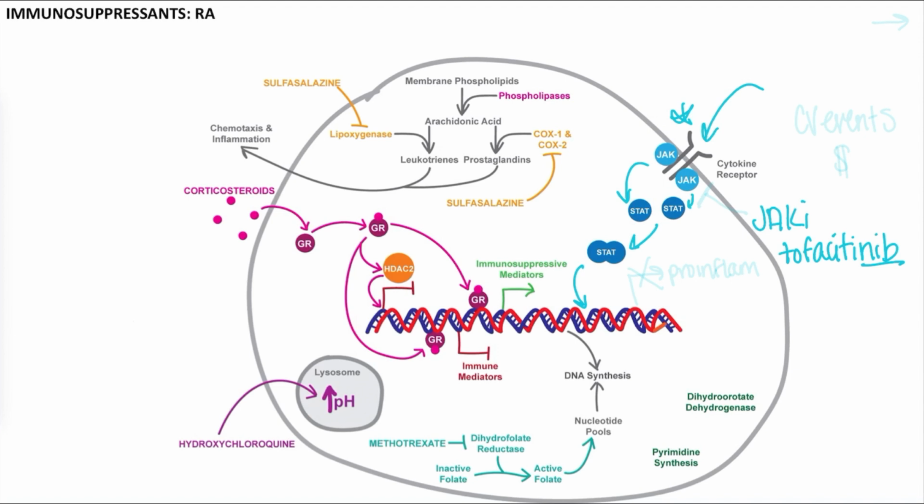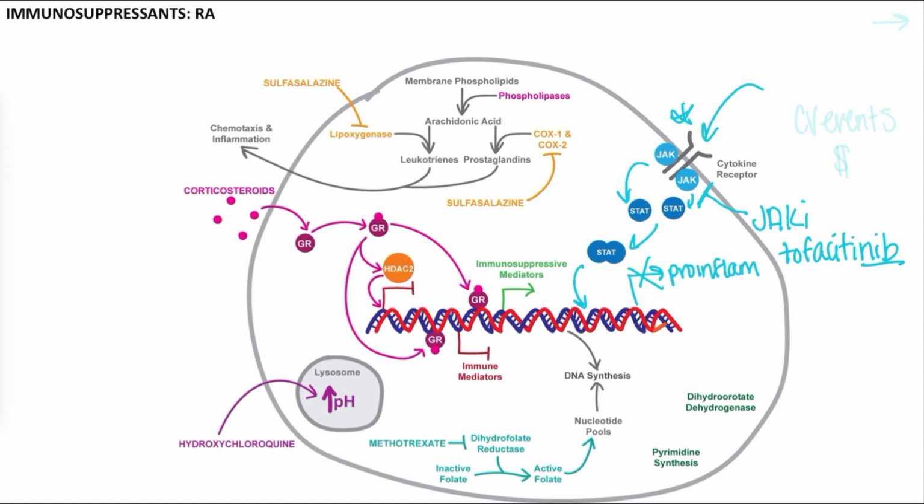Again, this will lead to the transcription of pro-inflammatory genes and other regulators of immune cell function. So with JAK inhibitors like Xeljanz, this cascade is inhibited, preventing that phosphorylation of STAT so that these genes are never expressed, preventing proper immune cell function and production of inflammatory mediators.